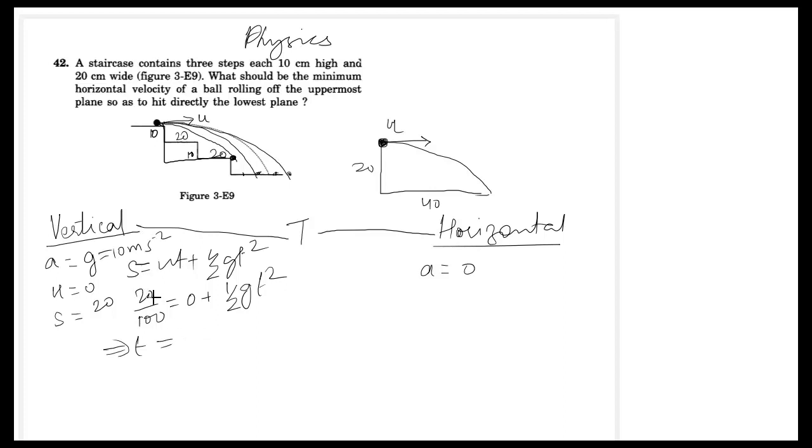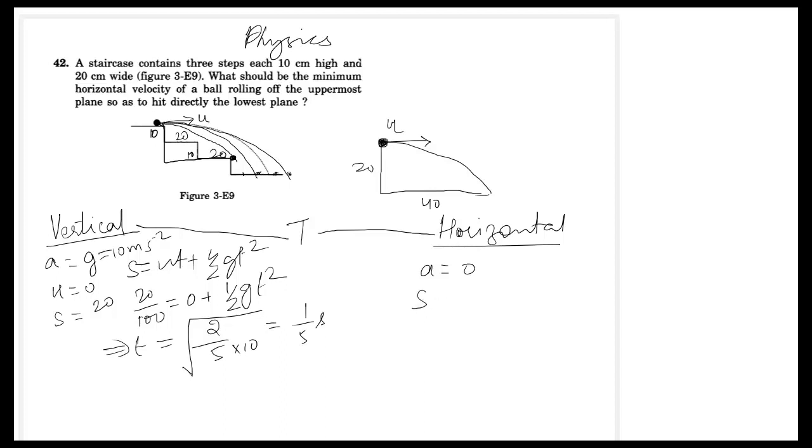So t comes to be the square root of 2 by 10 times 1 by 5, that is, 2 divided by 10 under root. So t comes to be 1 by 5 seconds.